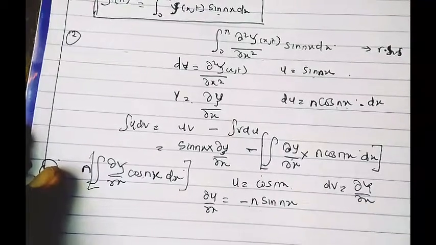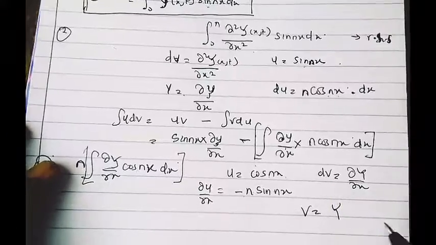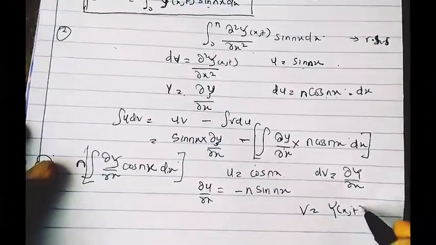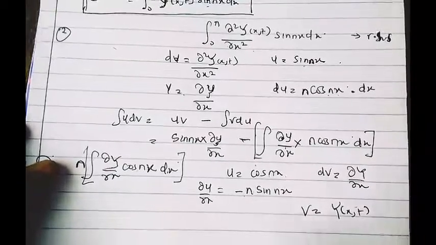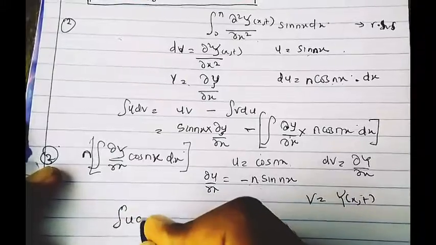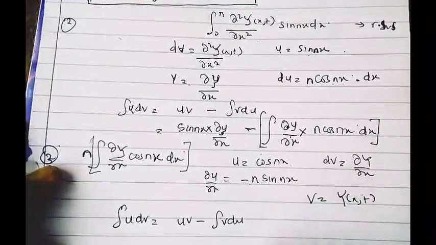So integrating my dv, this will be v equals y, right? Integrating dy/dx, I'll just be left with y, which is also a function of x and t. So using my integration by parts formula, this will be the integral of u dv equals uv minus the integral of v du.